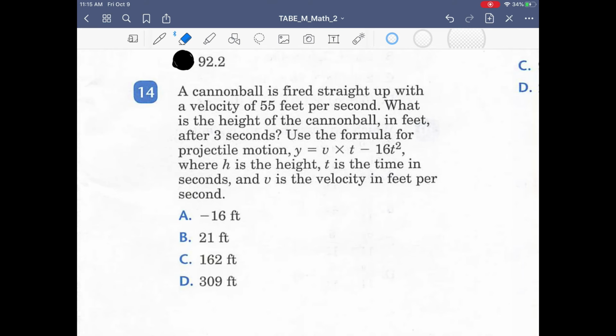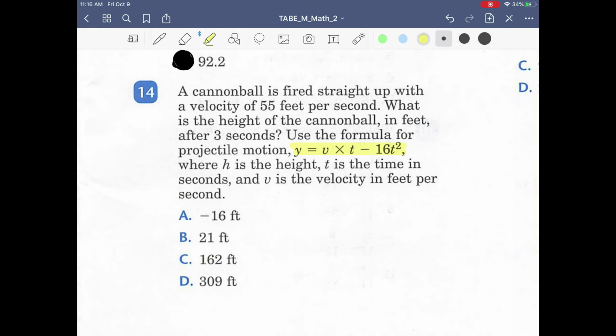Use the formula for projectile motion, which is this very common formula in science, where h is height, t is the time in seconds, and v is velocity in feet per second. Now you might be thinking, okay, if it's traveling 55 feet per second and after 3 seconds, why can't I just multiply those two numbers and get the height?